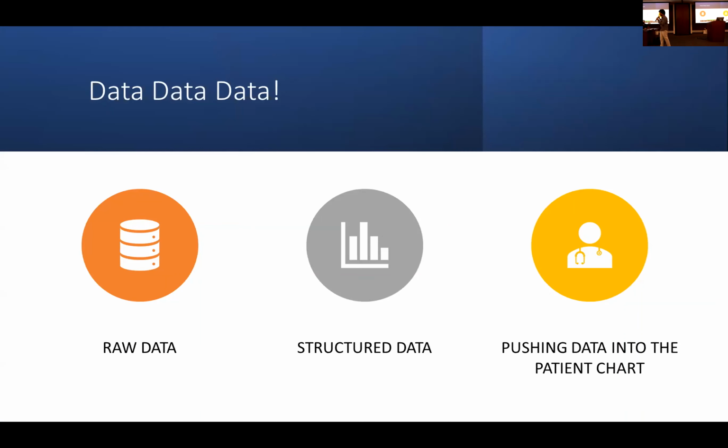So before Ben comes in, the really important piece, I think, is the data. And I know this is an HIT symposium, so really, how is the data important? As I said, once you get that raw data, being able to convert that into structured data, and then pushing that data into the patient's chart. From a clinical perspective, you want that to be able to make decisions for that patient in real time.